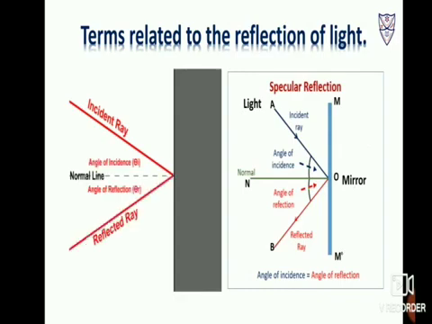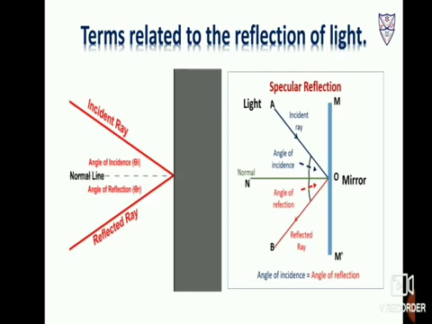Okay students, so first is the incident ray. The ray which strikes the mirror surface is the incident ray. The point at which the incident ray strikes is the point of incidence. As soon as it strikes the mirror, it reflects back, and that is the reflected ray. The incident ray forms an angle AON with the normal at the point of incidence, which is the angle of incidence.